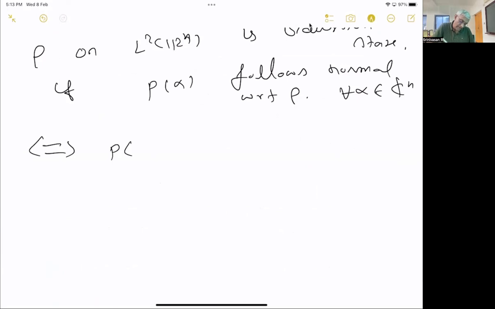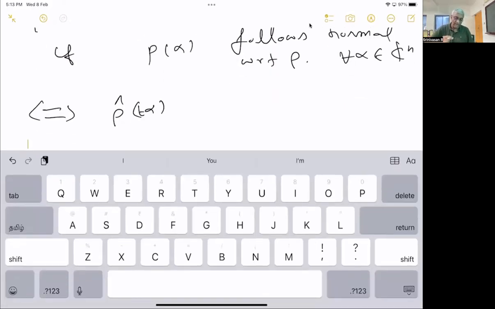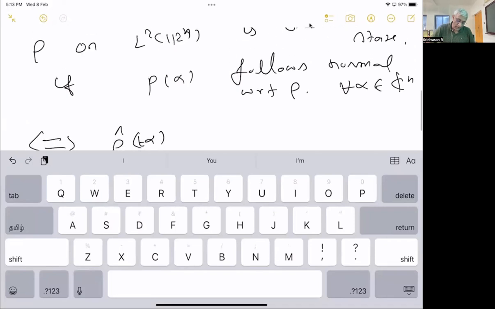whatever we have defined as the quantum characteristic function, rho hat of t alpha, for all t, for a fixed alpha, P(alpha) follows normal.